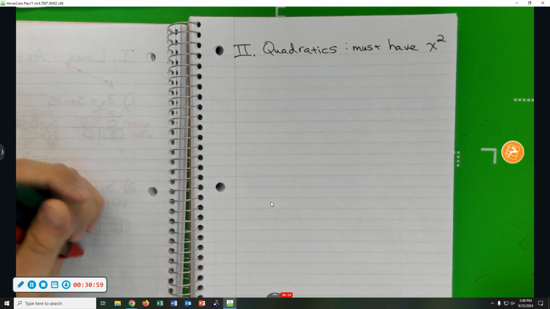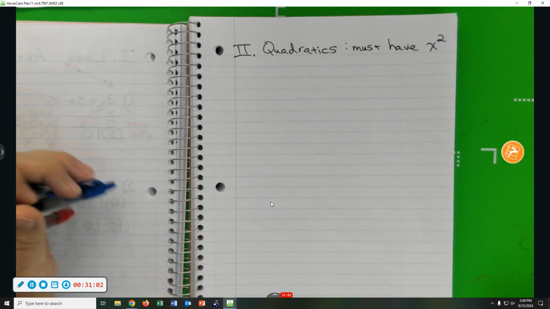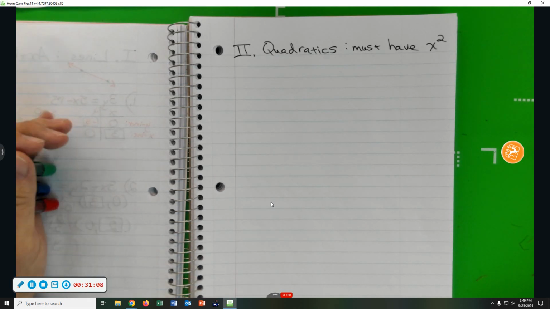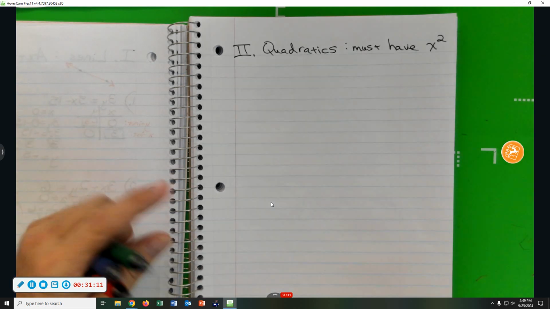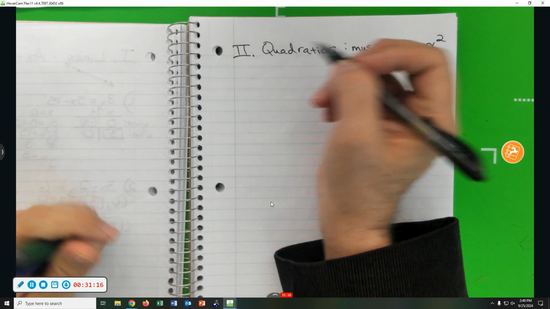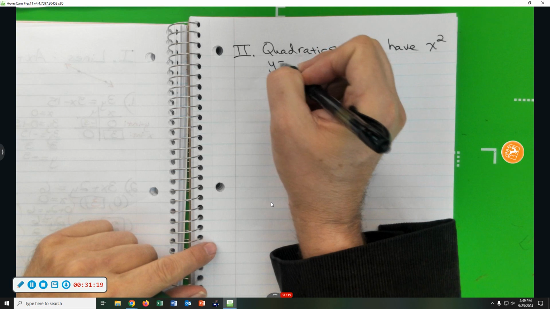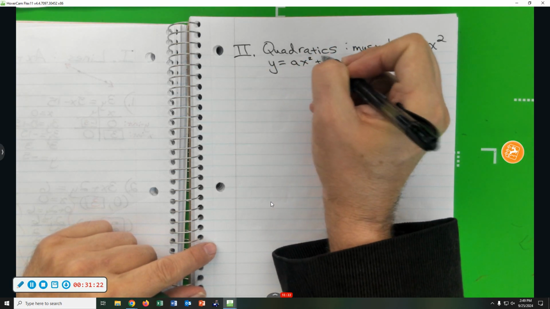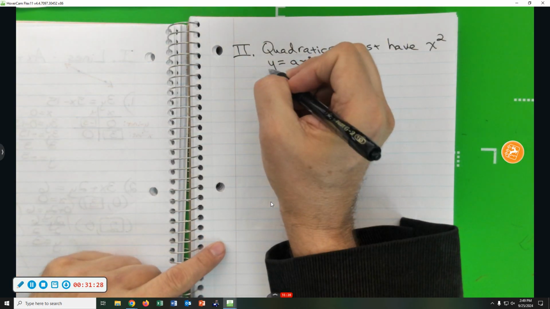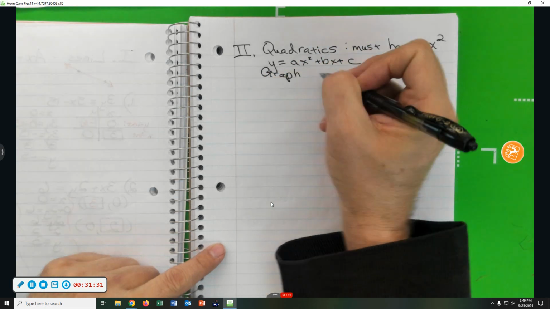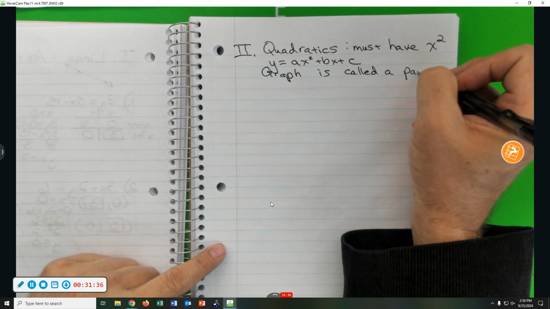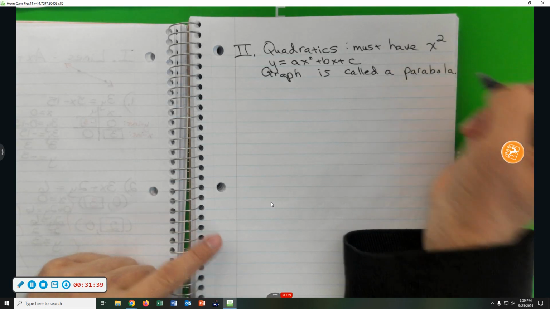We'll do more discussion with quadratics. We have a really good assignment coming up in a few weeks where we look at quadratics in more detail. But for our purposes, instead of ax squared plus bx plus c equaling 0, you have y is equal to ax squared plus bx plus c. And the graph of a quadratic is a smooth U-shaped figure called a parabola, P-A-R-A-B-O-L-A.